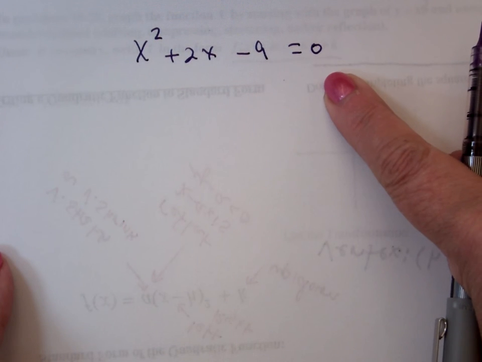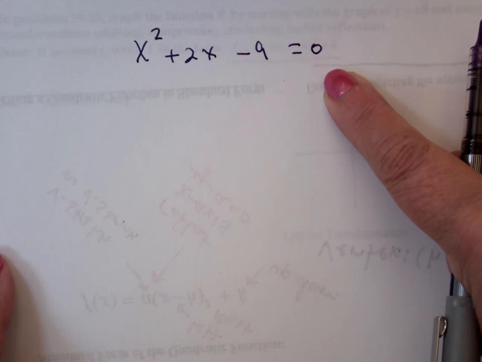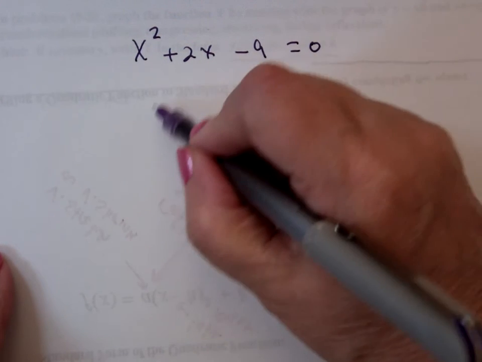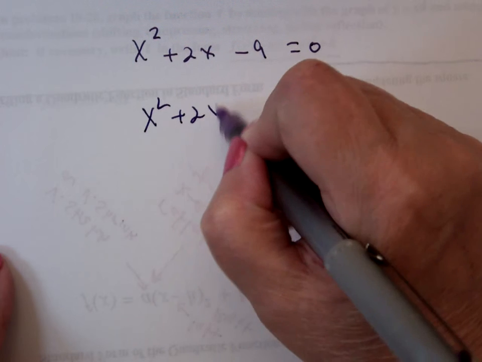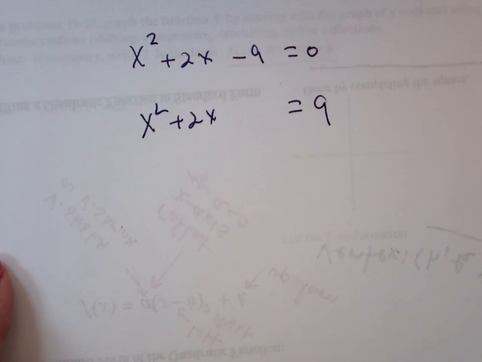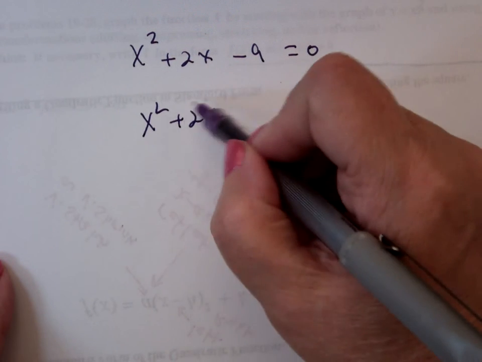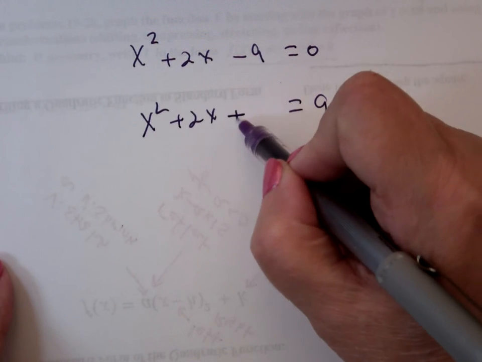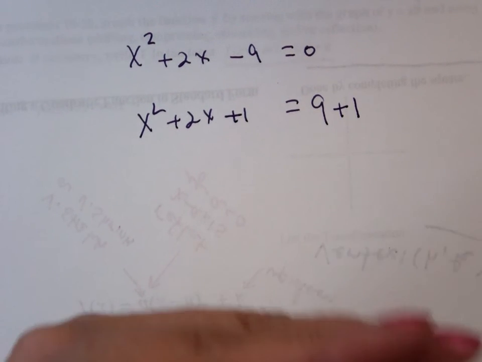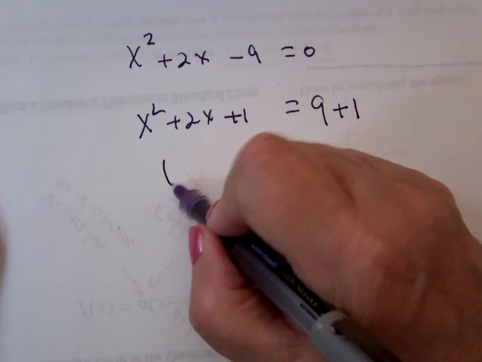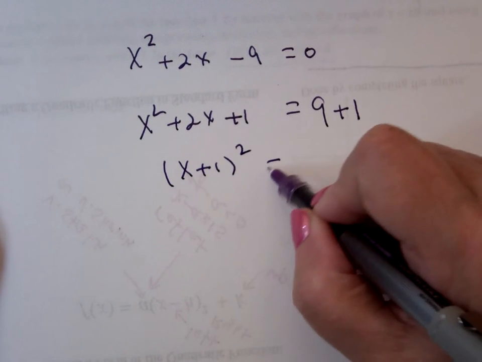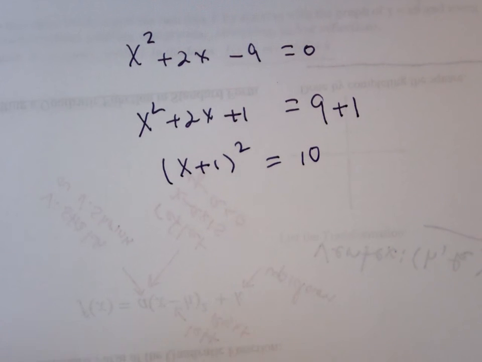I had 0 here, so I could kick the 9 to the other side. And then I would take the coefficient of x divided by 2 and square it. That's 1. Then I would add 1 to both sides, and I'd move forward from there. So this is a perfect trinomial square. And then I would solve for x.